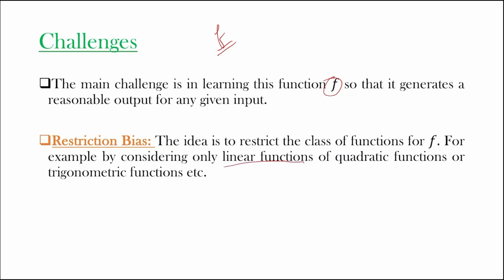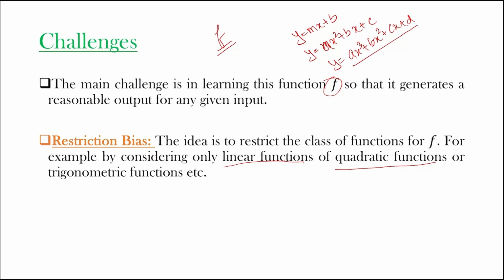For example, in the house size versus house price dataset, I had various possible functions for fitting the dataset. I could use a linear function of the form y equals mx plus b, which is basically a straight line. Or maybe I could use a quadratic function, ax squared plus bx plus c. Or I could use a cubic function, which looked quite relevant in the green line that I had shown: ax cubed plus bx squared plus cx plus d.